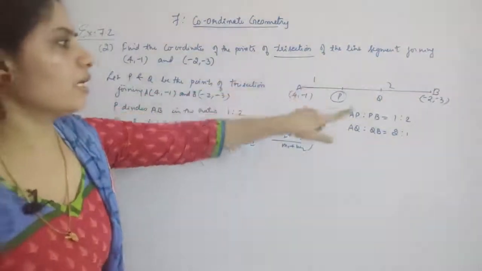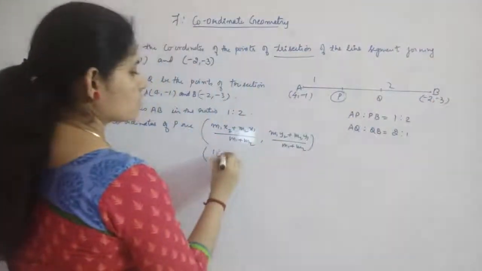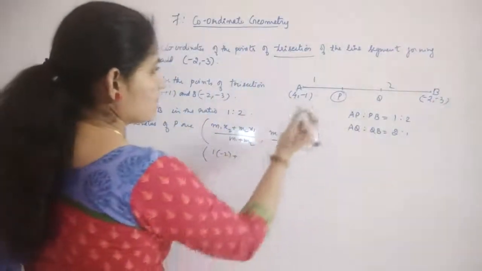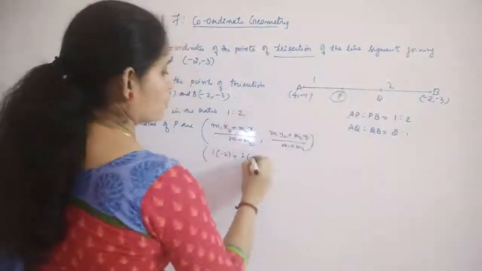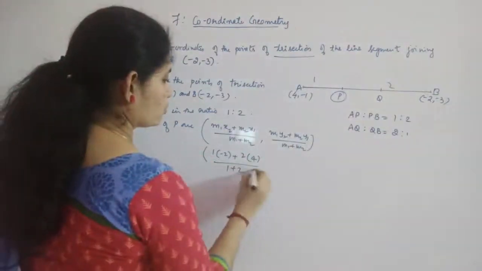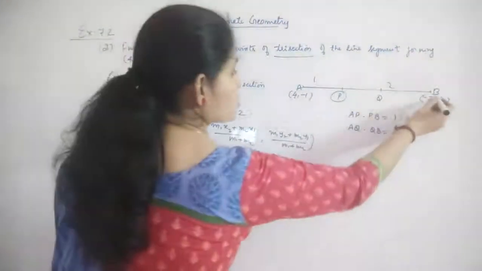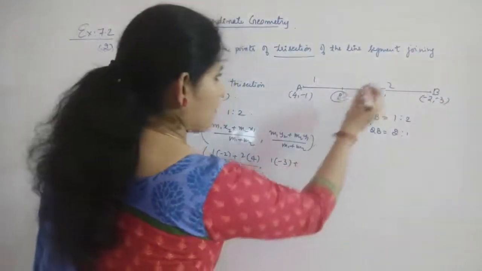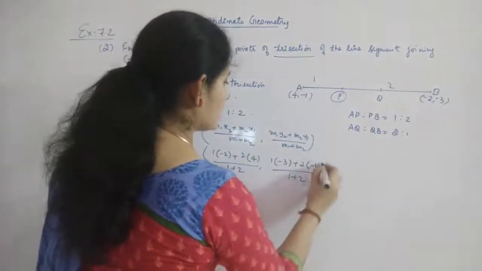Replacing, what is M1 here? 1. So 1 into -2 as your x2, plus, what is M2? 2. 2 into 4, divided by 1 plus 2, comma M1 again 1 into y2 which is -3, plus M2 2 into -1, divided by 1 plus 2.